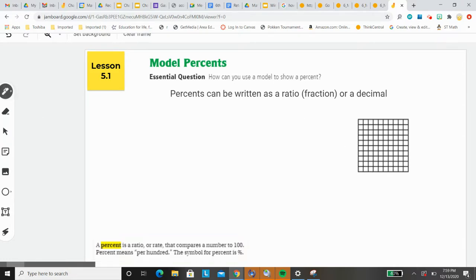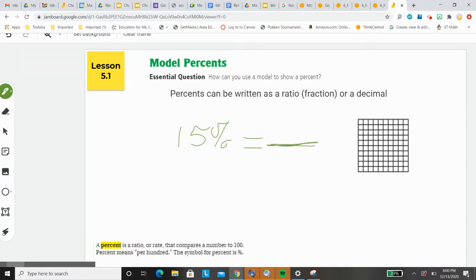Okay, so let's start first of all with a percent. Let's say that we have 15%. Okay, so what is 15%? Well, if I'm going to make a ratio, I'm going to make it in the form of a fraction.